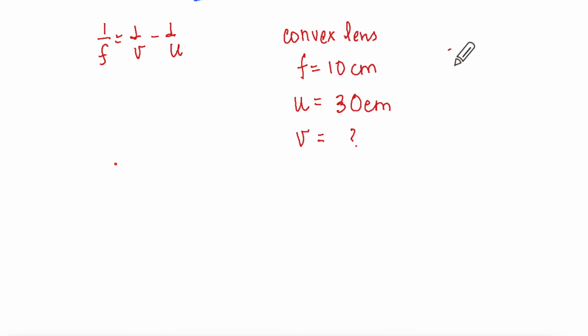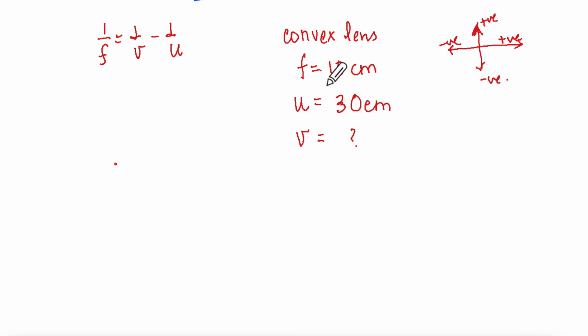Now look at the sign convention. Keep this in mind. This side it is positive distance, this side it is negative distance, this side it is positive height, this side it is negative height. Got that? Now focal length for the convex lens, the rays come this way from the object and they meet here this side.